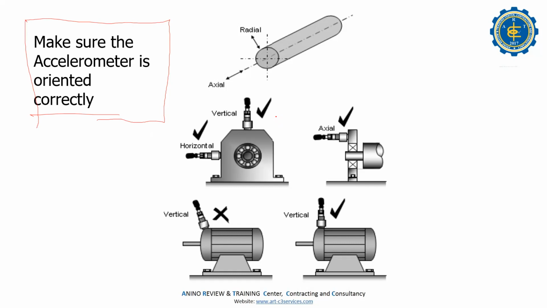We don't have to put the accelerometer one horizontal, then again vertical and then axial. We just use one accelerometer and that covers the three directions of the machine. It's better, right? XYZ, that's right.